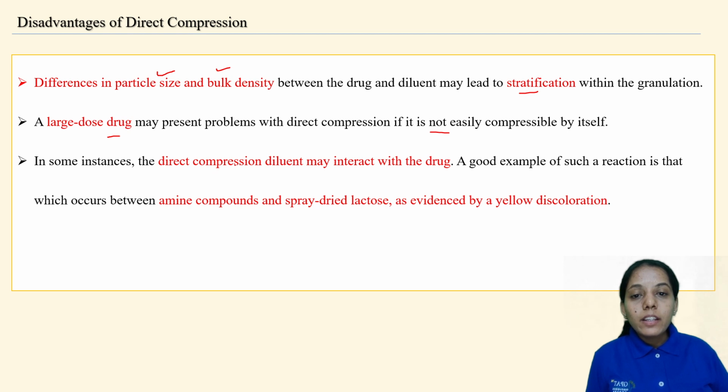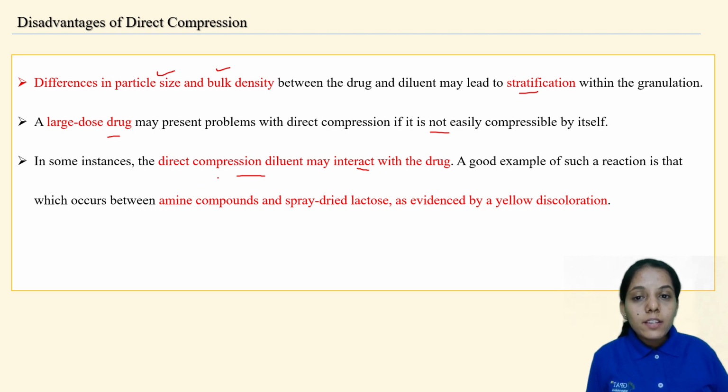In some instances, the direct compression diluent may interact with the drug. For example, we have seen spray dried lactose. Spray dried lactose may interact with an amine containing drug, and this may lead to yellow discoloration of the tablet.